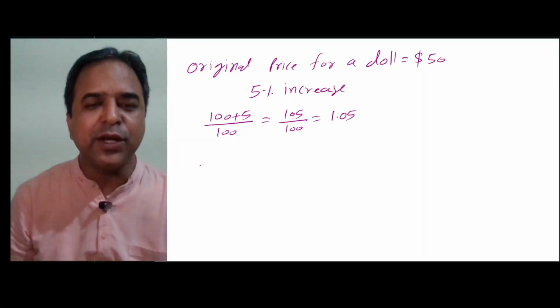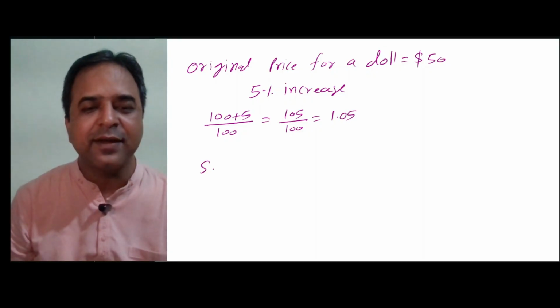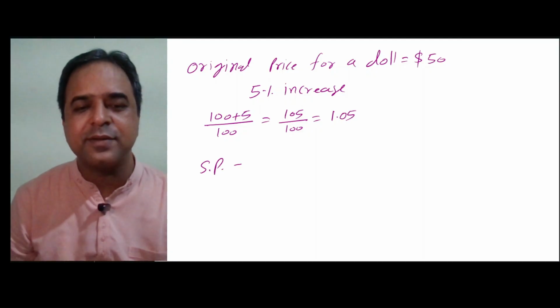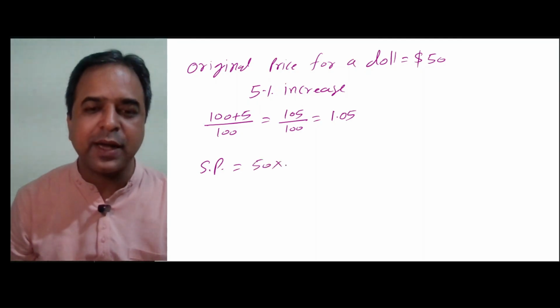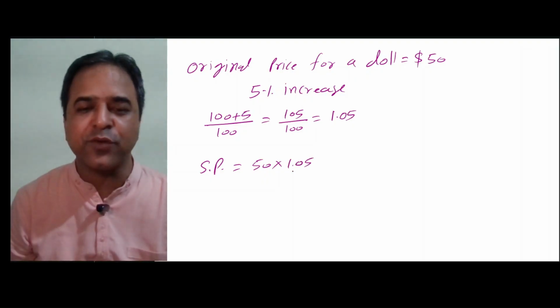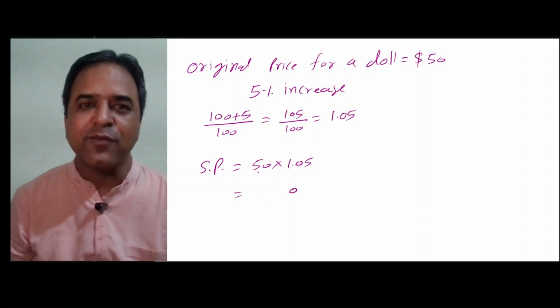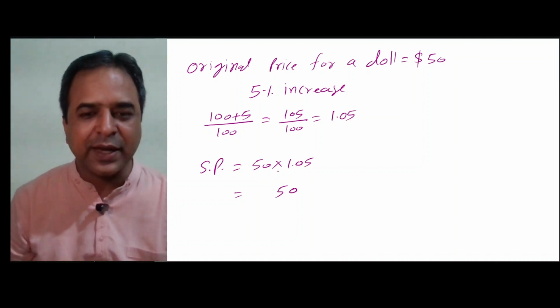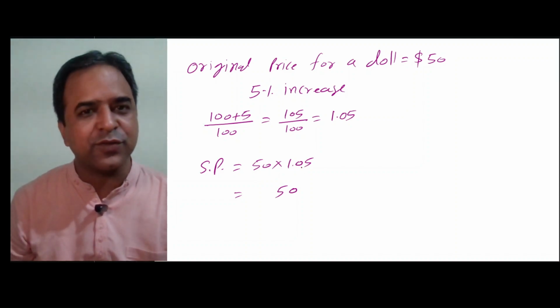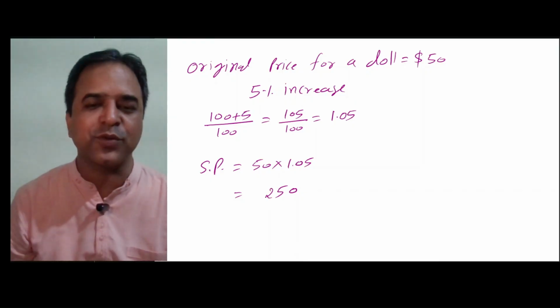So what will be the new price, or you can say sale price, over here? The sale price is going to be 50 multiplied by 1.05, your multiplier. Now this is 0, you can put it as it is. Now multiply. 5 5s are 25, 2 will be carried forward. 5 into 0 is 0 plus 2 gives you 2.